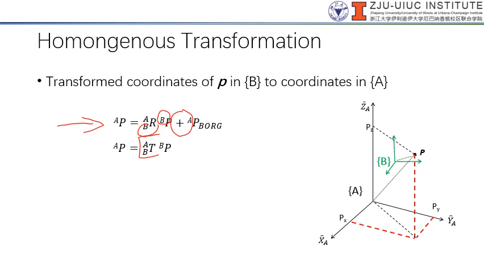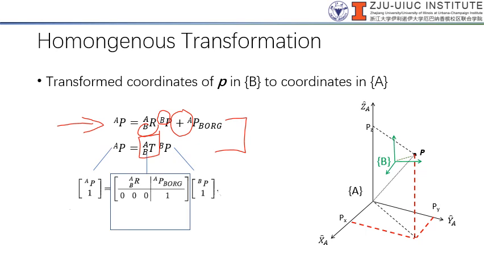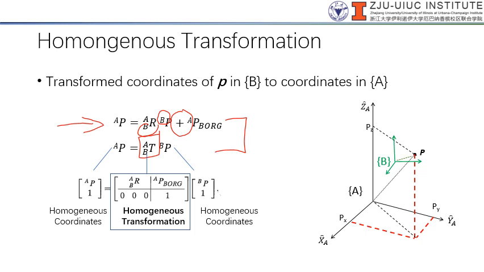We introduce what we call a homogeneous transformation matrix, ATB. This ATB is basically doing the same operation, but what you do is introduce this homogeneous transformation that is a combination of your ARB and your APB. How do you do that?